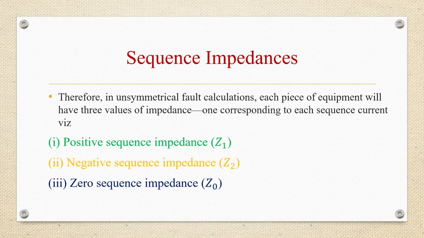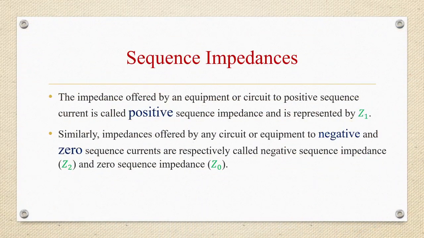So what we are telling here is that impedance will be different for positive sequence, negative sequence and zero sequence components. Okay. The impedance offered by equipment or circuit to positive sequence current is denoted by Z1, the impedance offered to negative sequence is denoted by Z2, and for zero sequence it is denoted by Z0.